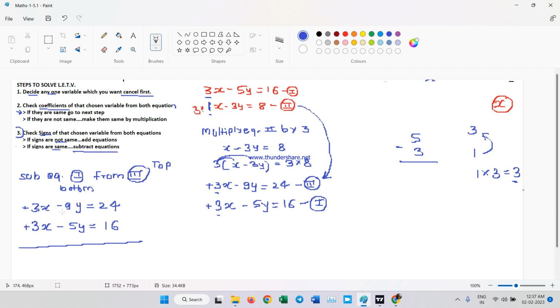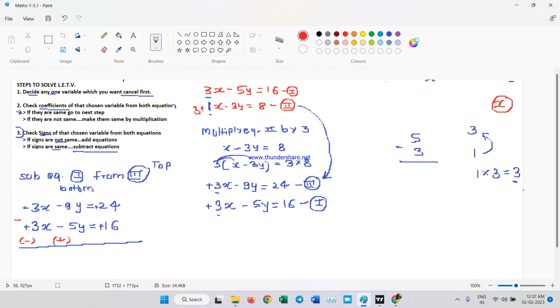I'm having 6 terms, right? 4 on the LHS and 2 on the RHS. So I will give the signs to all 6 terms. And the magic of this subtraction is that the moment I do the subtraction, the signs of the lower equation will change.